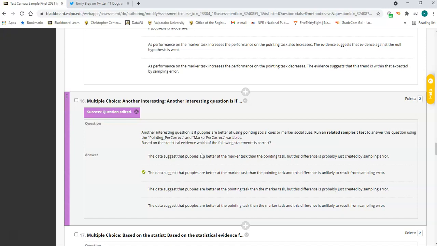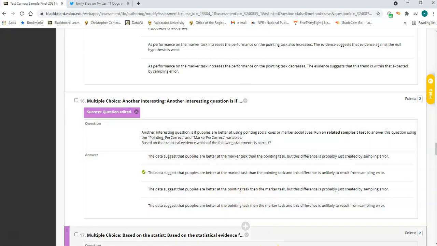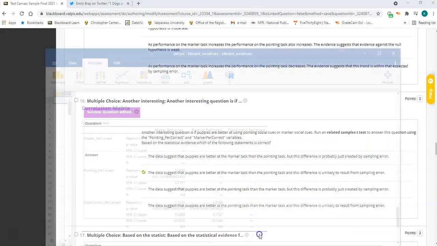So the same puppy now is being tested on both tasks, and we want to compare the average puppy performance for each task to each other. So we can say we're asking if puppies are better at following pointing cues or marker cues. So we're going to analyze that data.